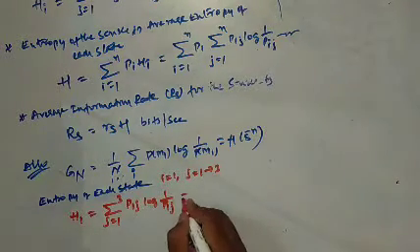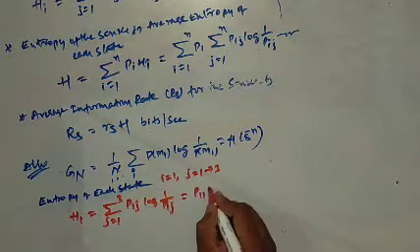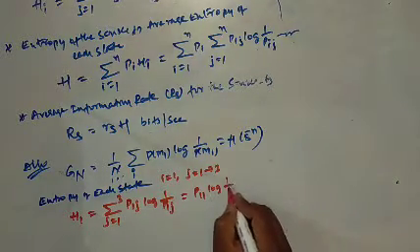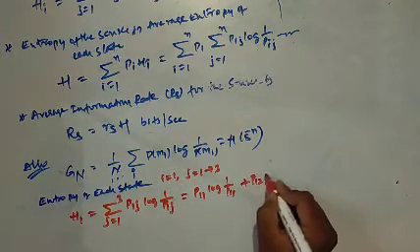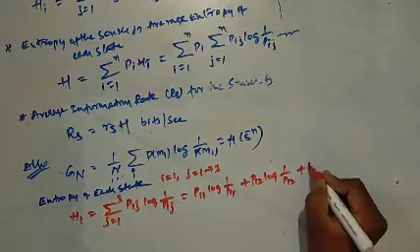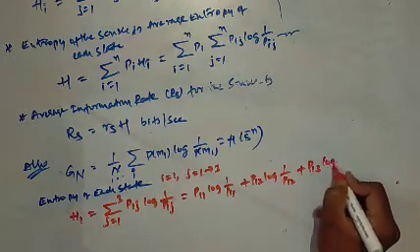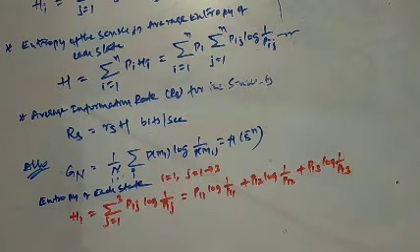This can be written as, putting the value of J, P11 log 1 upon P11 plus P12 log 1 upon P12 plus P13 log 1 upon P13.